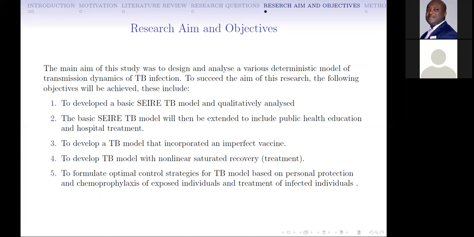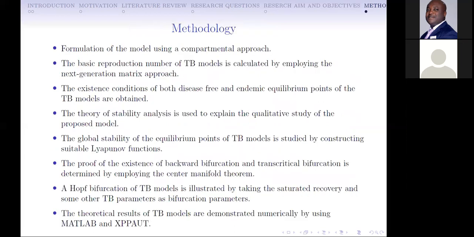The basic SEIR TB model will then be extended to include public health education and hospital treatment. To develop a TB model that incorporates an imperfect vaccine. To develop a TB model with nonlinear saturated recovery. To formulate an optimal control strategy for the TB model based on personal protection and chemotherapy of exposed and treatment of infected individuals.